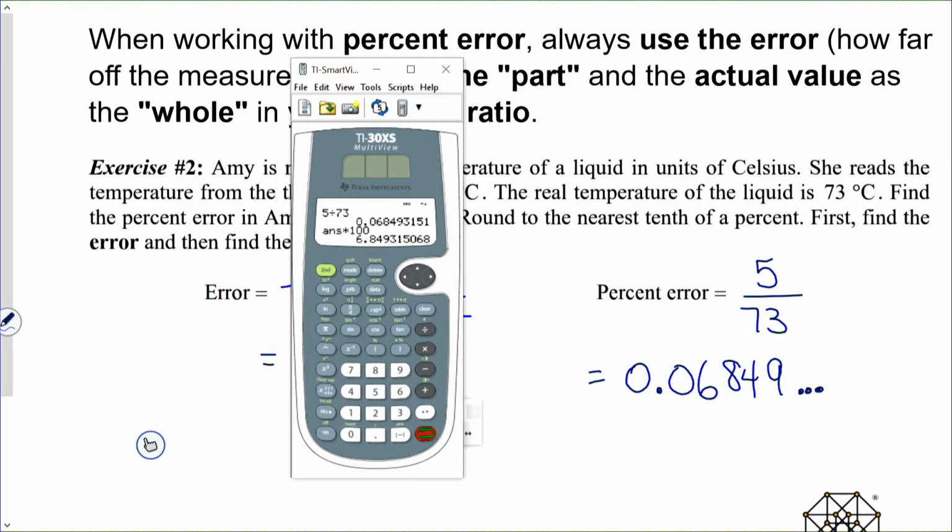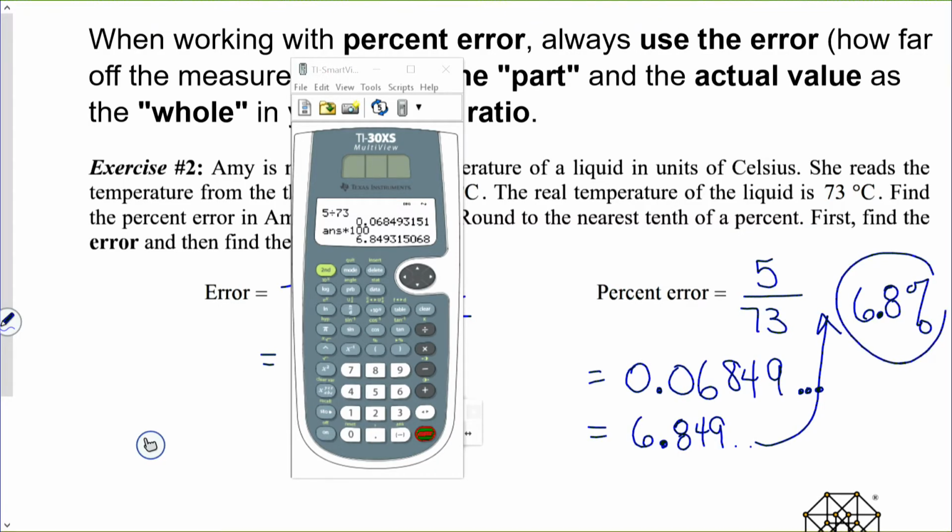That will show me the percent. That's now going to be 6.849, etc., which rounded to the nearest tenth will be 6.8%.